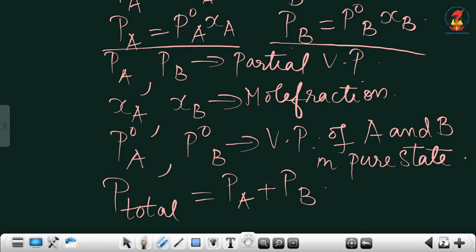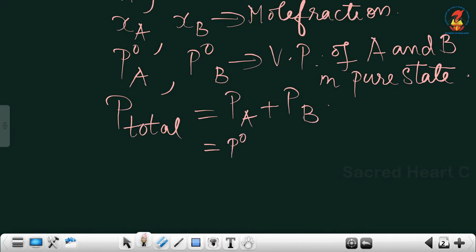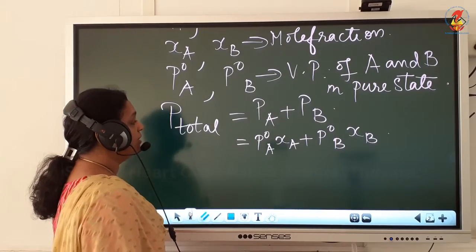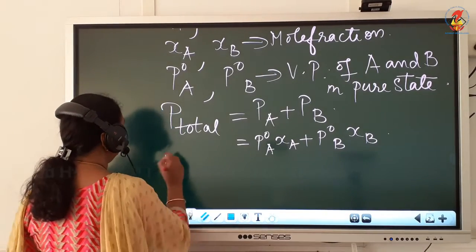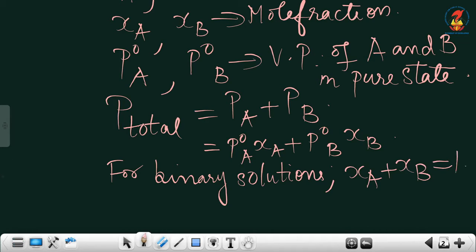So I'm going to substitute in P total, PA plus PB, P naught A XA plus P naught B XB. So this is equal to P naught A XA plus P naught B XB. Now, we know that for binary solutions, XA plus XB is equal to 1.